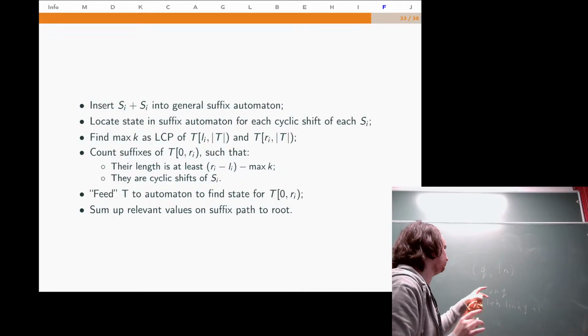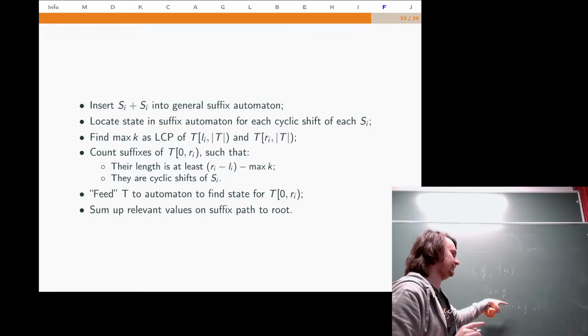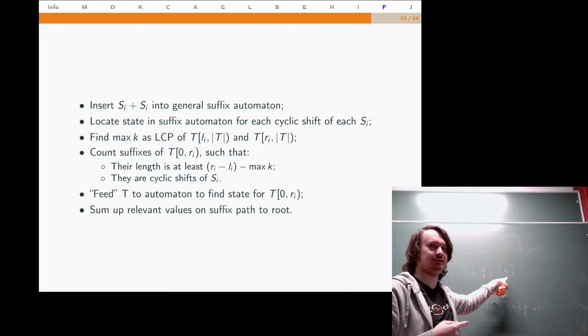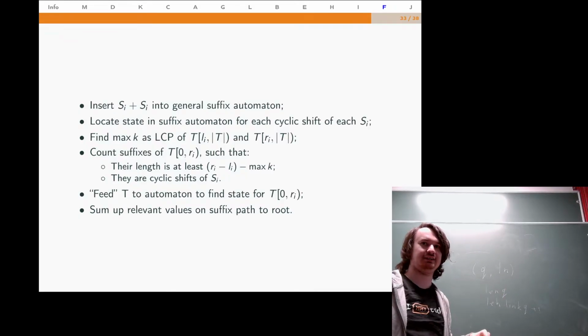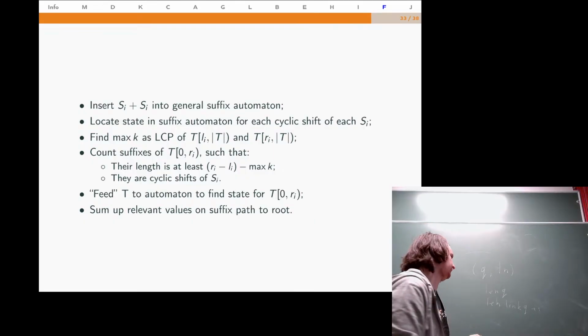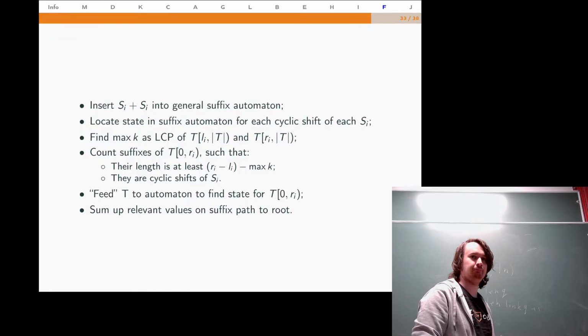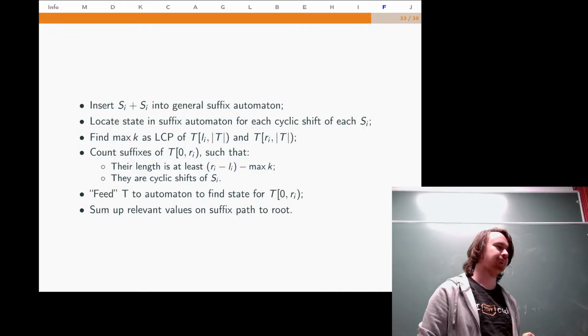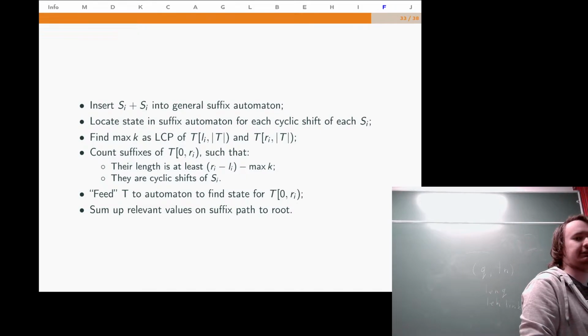So essentially, if you are still in the state, you just decrement this value, and if you need to go to the next state, you go by the suffix link and update Q. Okay. Any other questions on this problem?